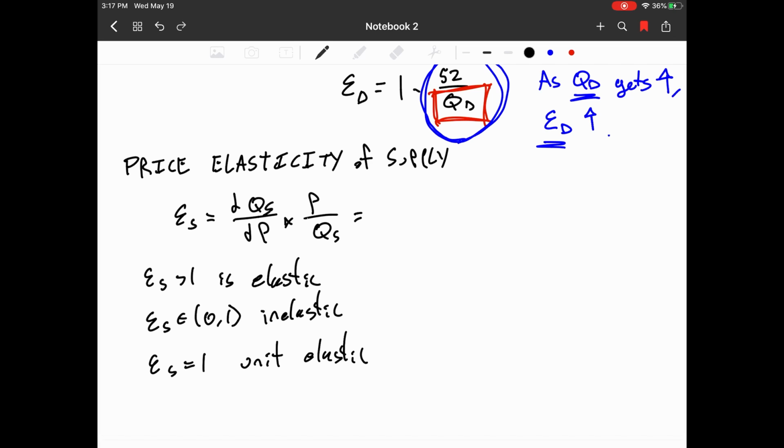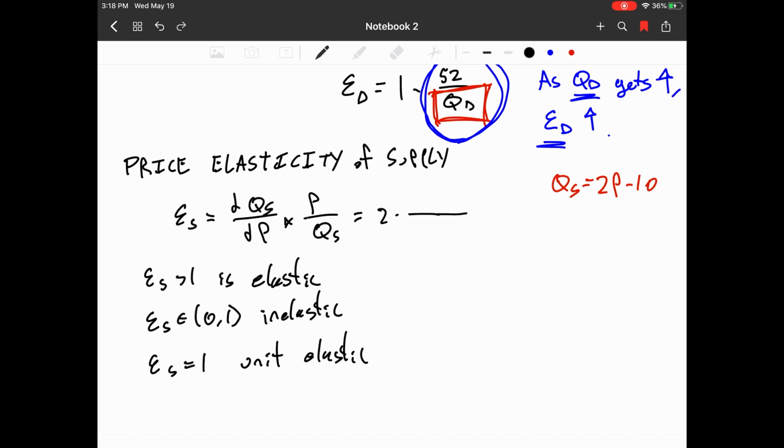Okay, so let's use the supply curve from earlier. And just as a reminder, put it up here. So QS is equal to 2P minus 10. Okay. So the derivative of QS with respect to P is just 2. So we have 2 times, and then we have price divided by QS.